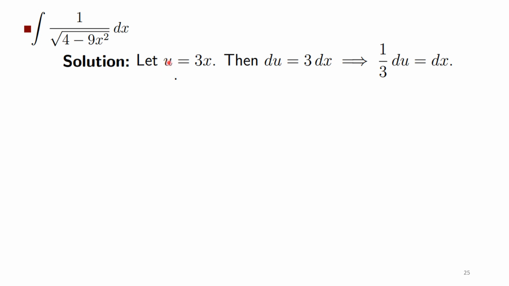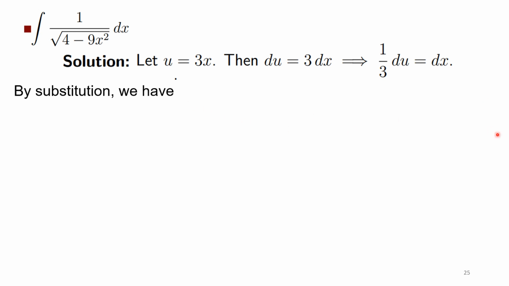So if we let u be equal to 3x, then du becomes 3 dx. But you only have dx here, so we can divide both sides by 3 and come up with 1/3 du is equal to dx.